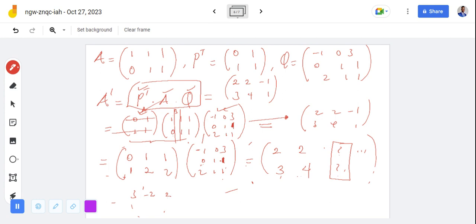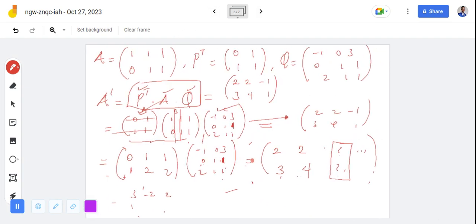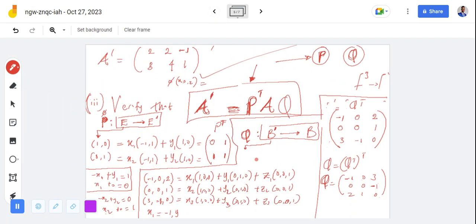So I still want to verify this minus 1. Let's check again. Is it minus 1 also? Or this particular digit? I want to confirm that it is minus 1. Let's check. This was our Q, right? Q transpose. We have it as 3, minus 1, 0, right? 3, minus 1, 0. So this turns to vertical, this turns to vertical, this turns.